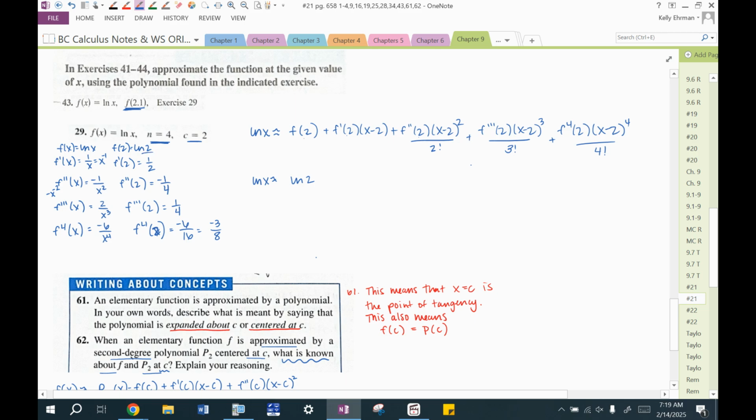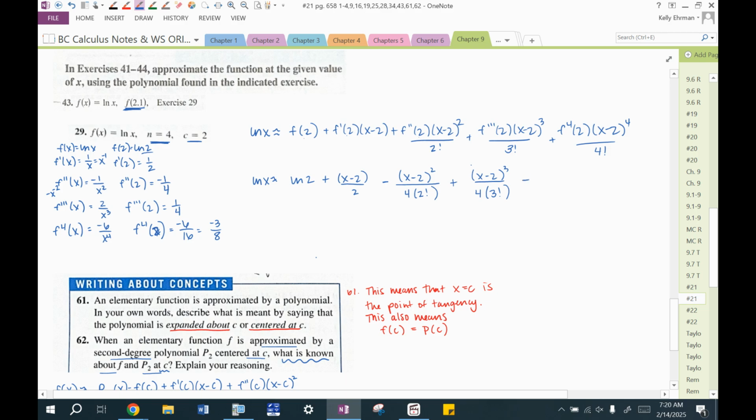That's our first one. And then it's plus 1/2, so plus x minus 2 over 2. Next one's minus 1/4, so minus x minus 2 squared over 4 times 2 factorial. And then it's plus 1/4, so plus x minus 2 cubed over 4 times 3 factorial.